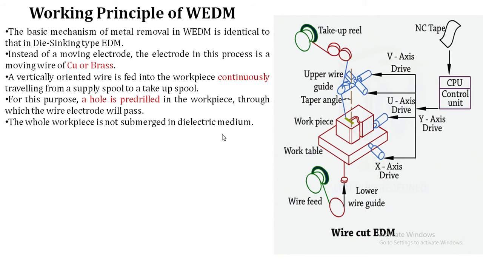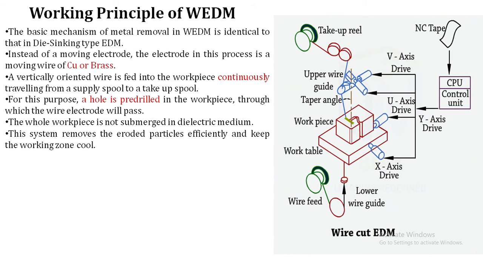Next, the whole workpiece is not submerged into the dielectric medium. Here only this portion is sprayed with the dielectric fluid. We will discuss that particular dielectric fluid circulation in the next slide also, because this image does not show the fluid circulation of the dielectric. In the next slide that can be clearly understood.